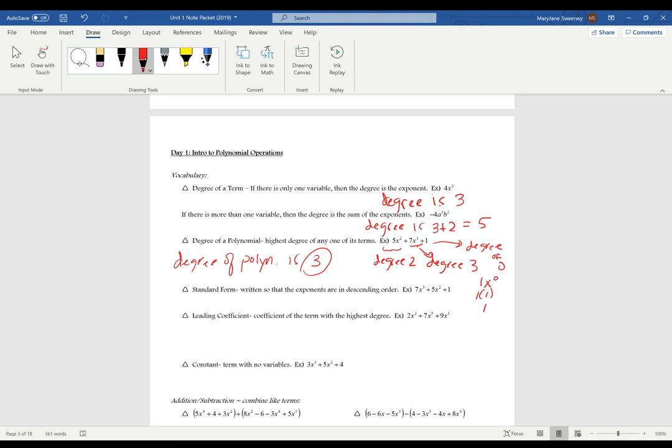Standard form is just written highest exponent down to lowest. So they're just showing you standard form there. Leading coefficient is the coefficient of the term with the highest degree. So either you just scan and see which one has the highest degree, which is the 7x to the 5th. So the leading coefficient is 7.